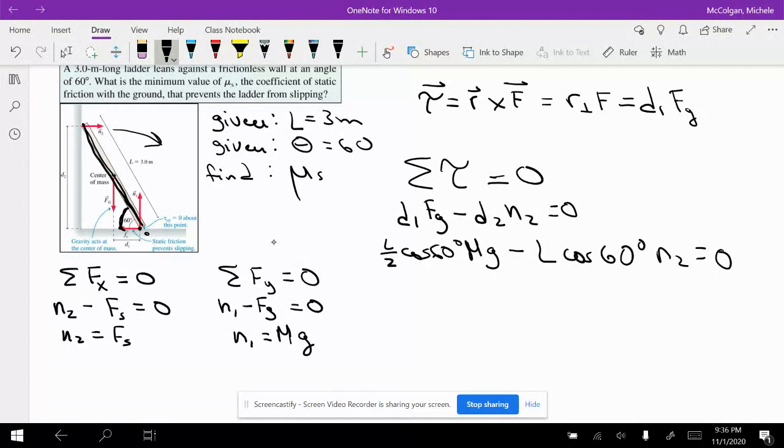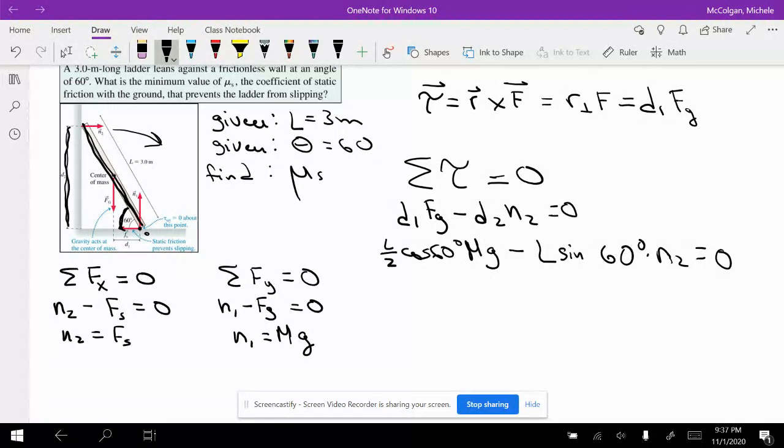When I picked D1 down here, I was picking the component that is parallel to N2. I need the component perpendicular to N2, so that's going to be my D2. Therefore, I'm going to need sine instead of cosine here, times N2. There we go.